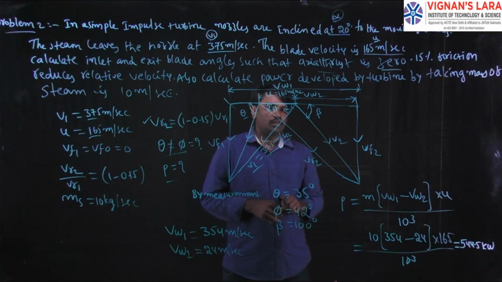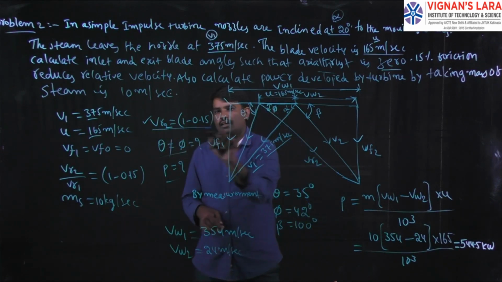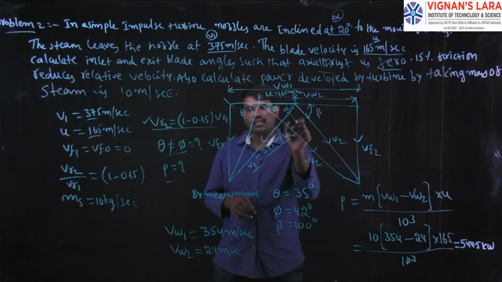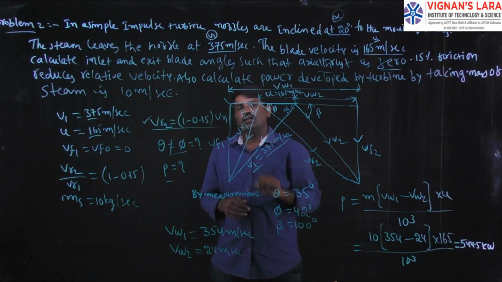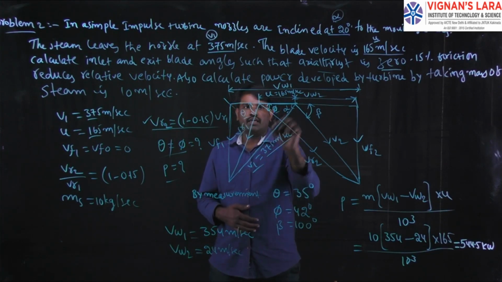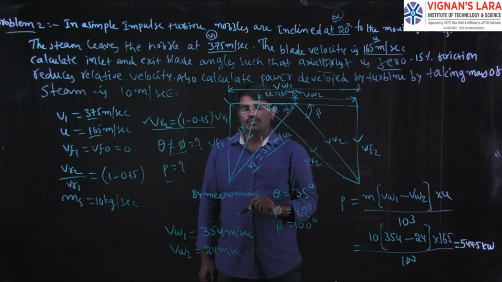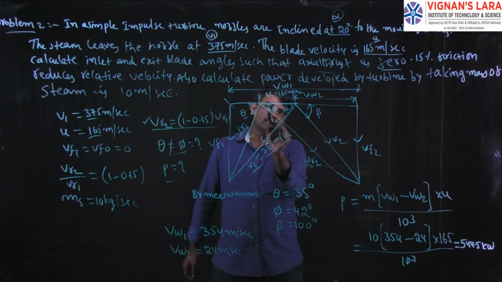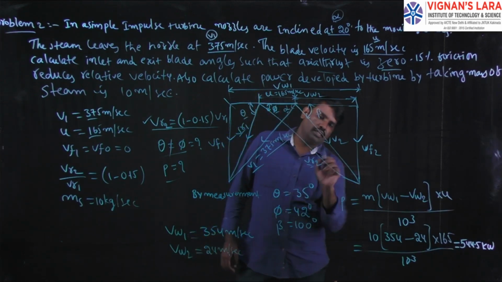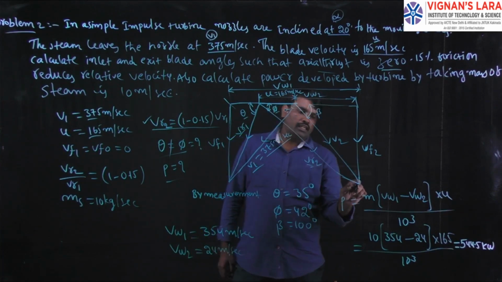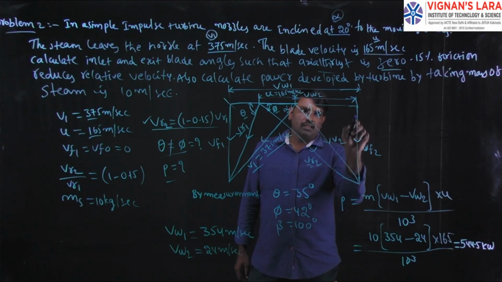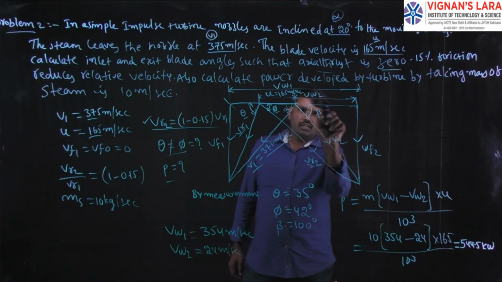Extend the VR2 line vertically up to the extension line of u.